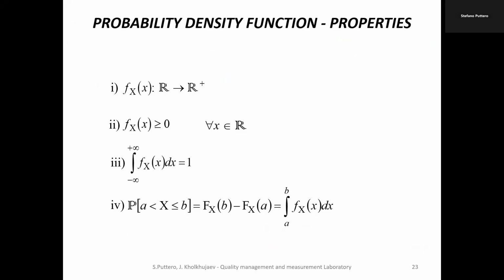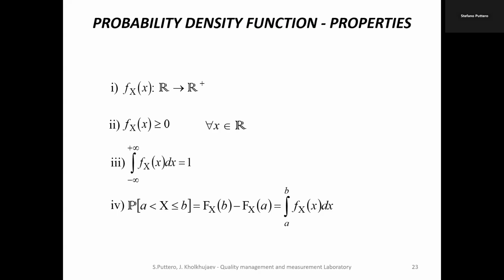Looking at the first property, the probability density function, as the probability mass function related to the discrete random variable, has a domain that is the set of real numbers R, while the codomain is the set of positive real numbers R plus.